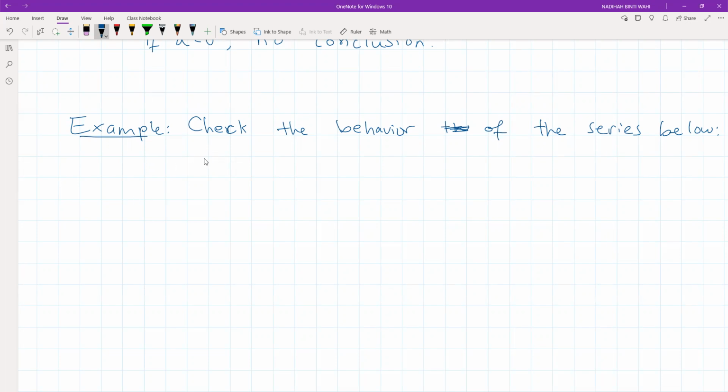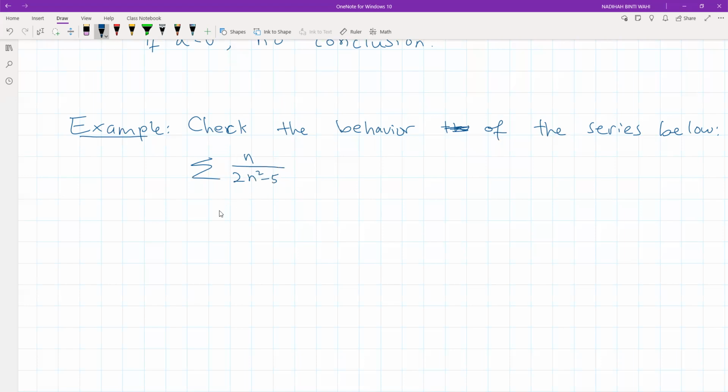Okay, what's the series? Even though I didn't put any limit on the sigma notation, it means that n starts from 1 to infinity, even without the limit explicitly stated. So n over 2n squared minus 5.